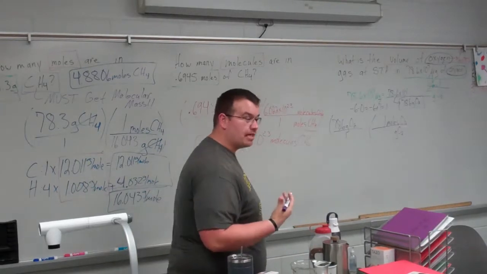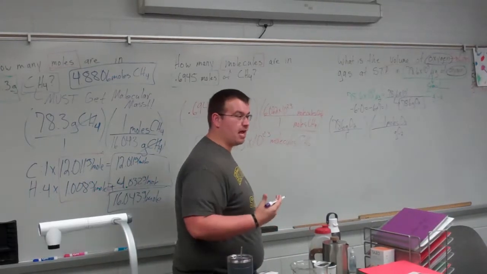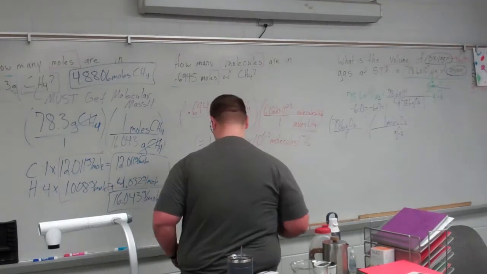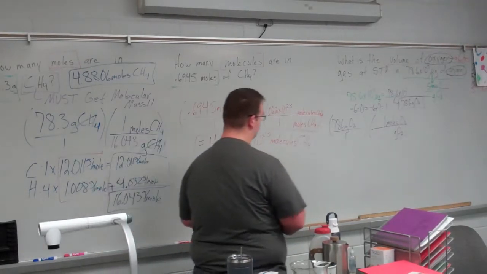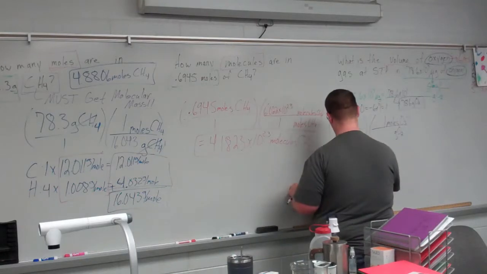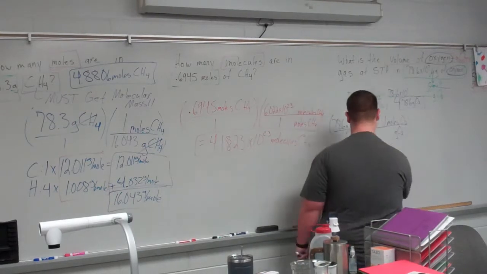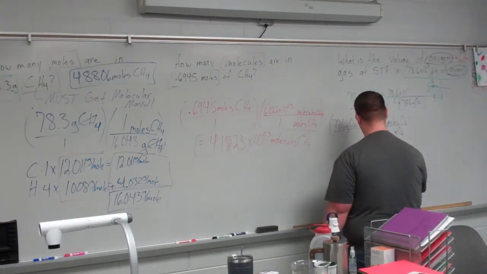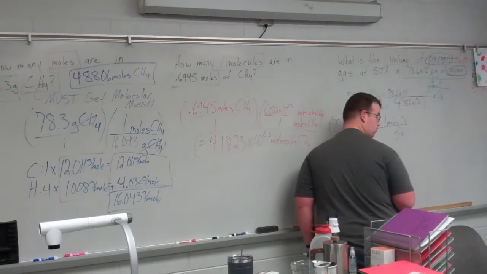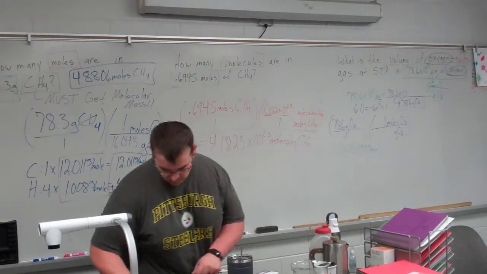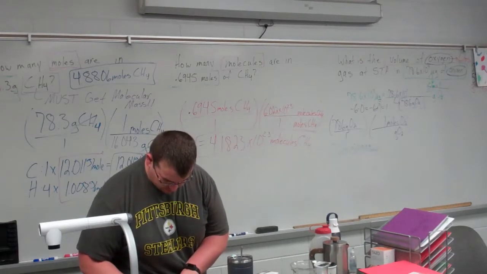It's like you're making a molecular mass calculation. So oxygen, 2 times 15.999 equals 31.998. So that goes in the blank.